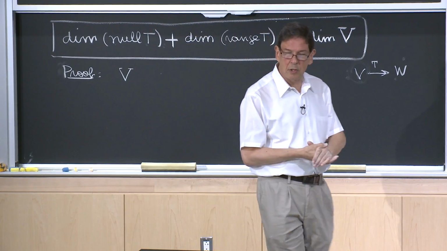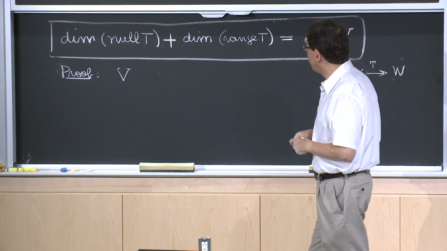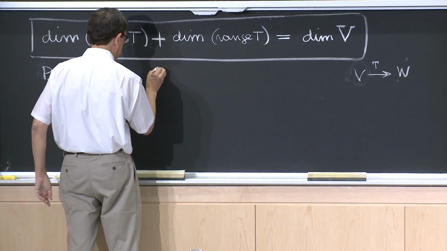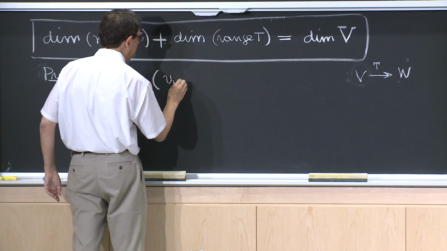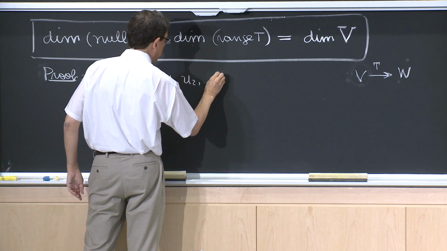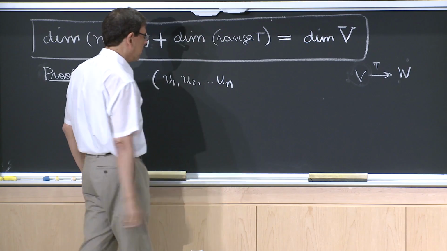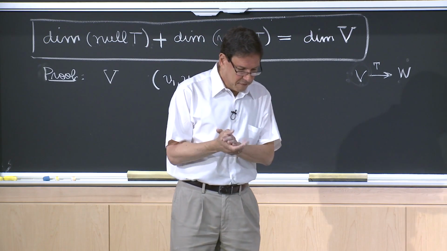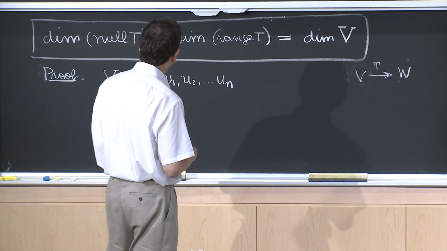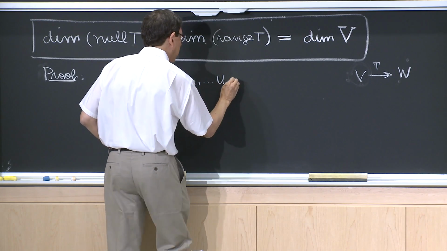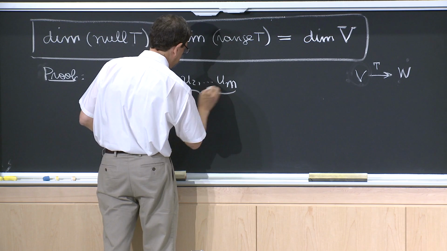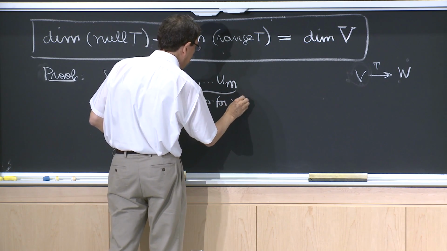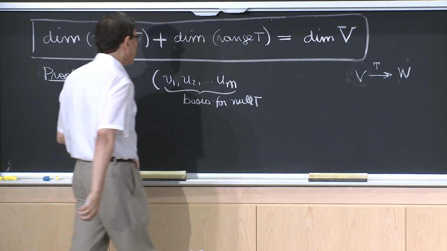This is a vector subspace of V, and therefore there is a basis for the null of T. So U1, U2 up to U, say, M, forms a basis for null T.